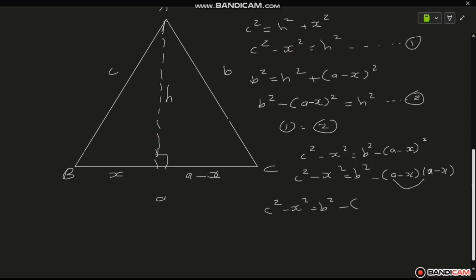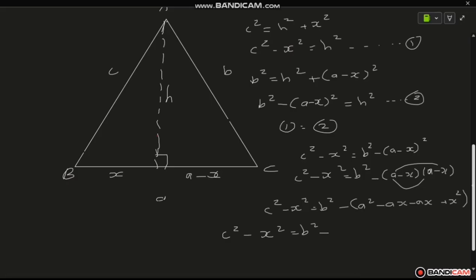Minus, we do the FOIL: a squared, a times negative x is negative ax, and so on, plus x squared. Then you close the bracket.